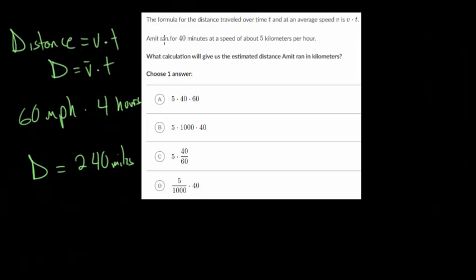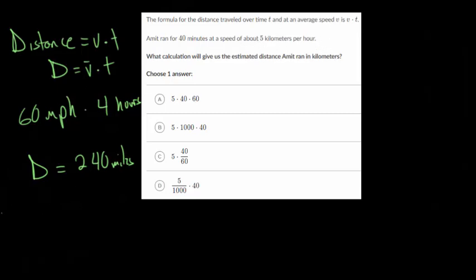And we're told that, I'll probably mispronounce this, but let's go with Amit, Amit ran for 40 minutes at a speed of about 5 kilometers per hour. Which calculation will give us the estimated distance Amit ran in kilometers? So he goes for 40 minutes at a speed of 5 kilometers per hour.